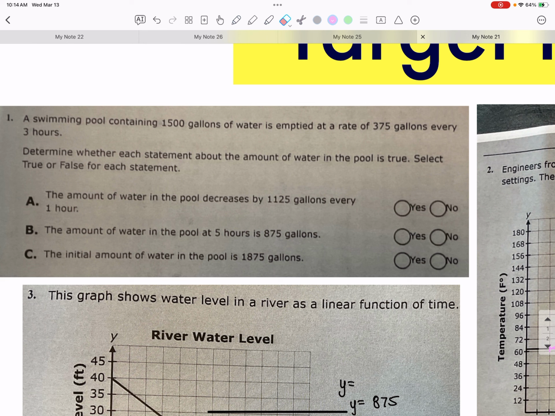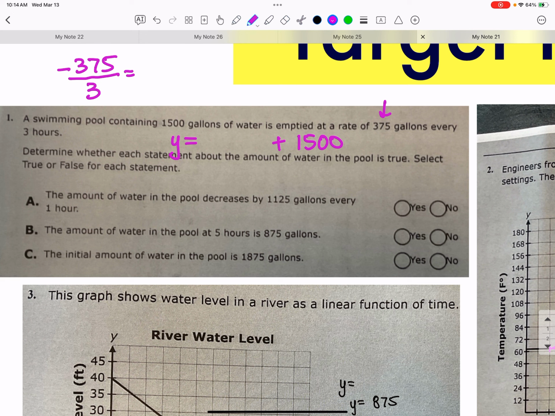A swimming pool starts with 1,500 gallons in it. Okay, so if I'm going to write my equation, it's going to start with 1,500 gallons in it. So that's where it starts. And it's being emptied. It's going down at a rate of negative 375 every 3 hours. Oh, so it's going down 375 over 3.